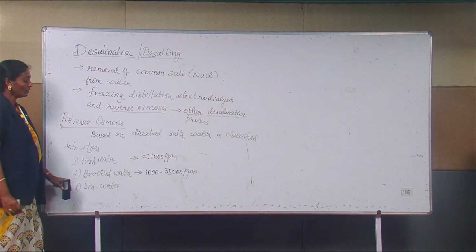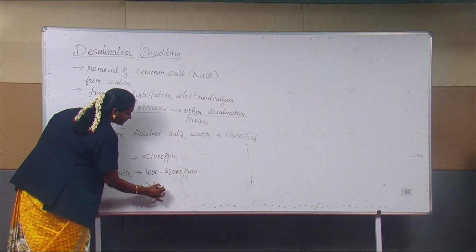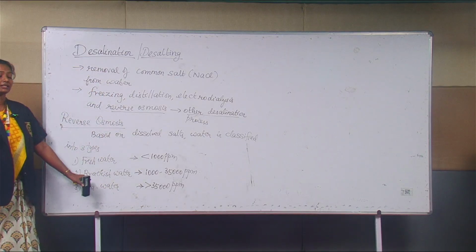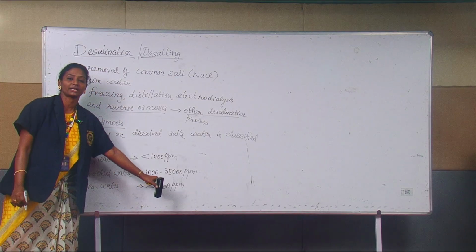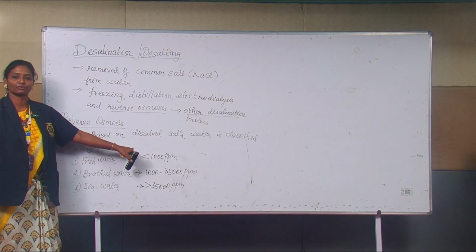Sea water will have greater than 35,000 ppm. So you can imagine how high the TDS, or total dissolved solids, present in sea water is compared to fresh water.